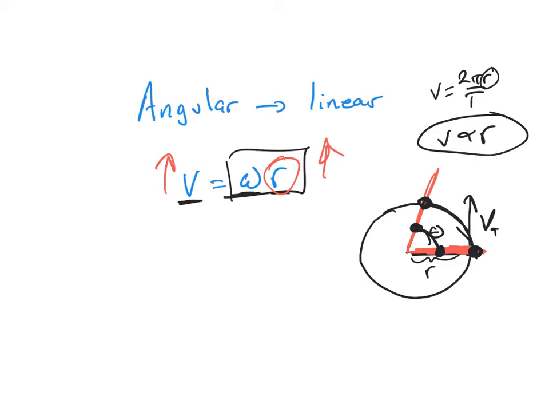And just unit-wise, we have our radians per second, and remember that radians isn't really a unit. And then we have meters, and so we end up with meters per second, because radian isn't really a thing. It's really just 1 over seconds, cycles per second, if you will.